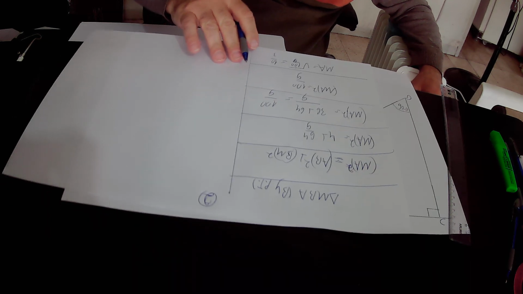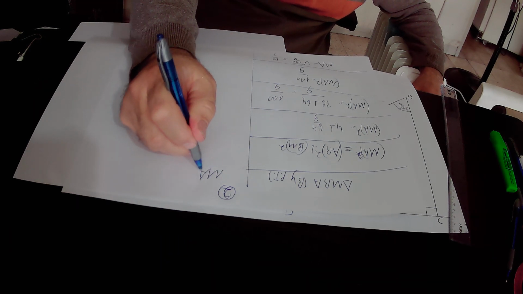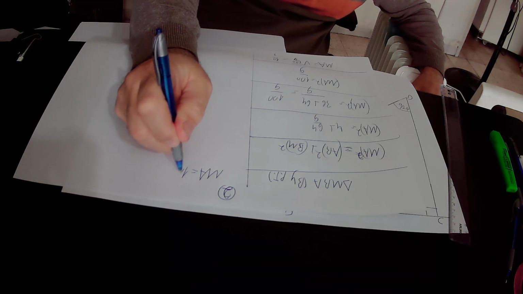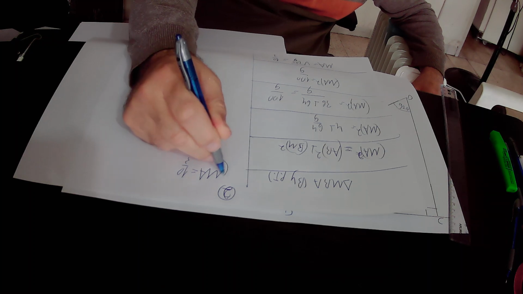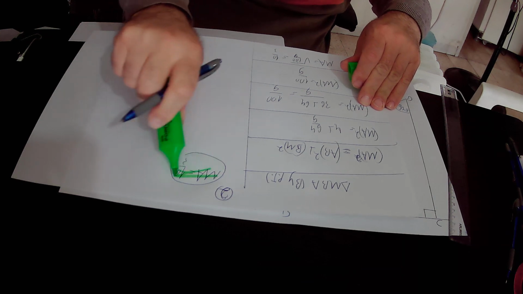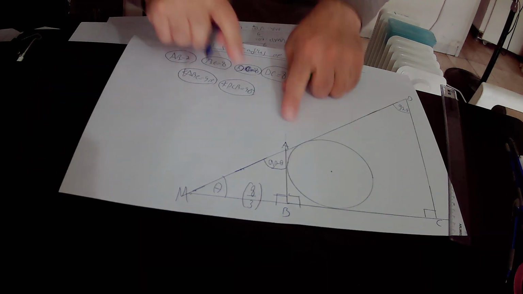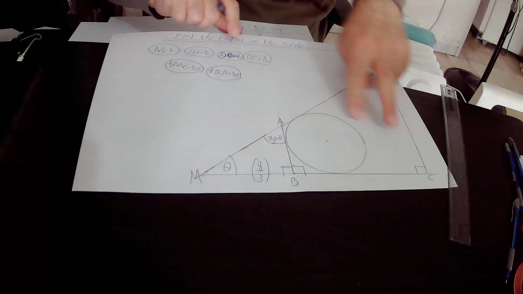So in conclusion, we found that MA equals 10 over 3 units in its length. So the hypotenuse MA equals 10 over 3 units in its length. When I write it down in the original drawing, the hypotenuse MA equals 10 over 3 units in its length.